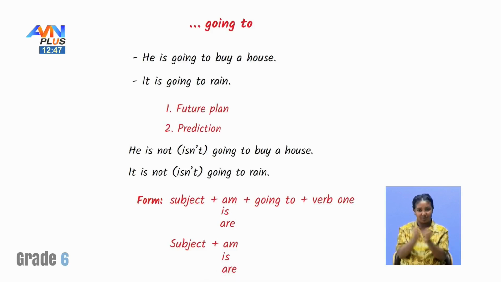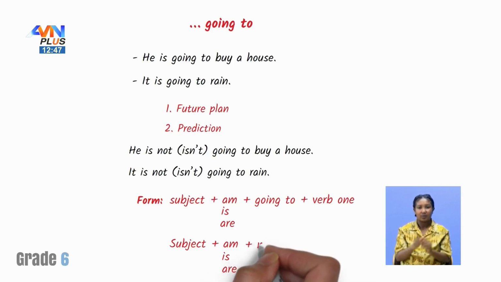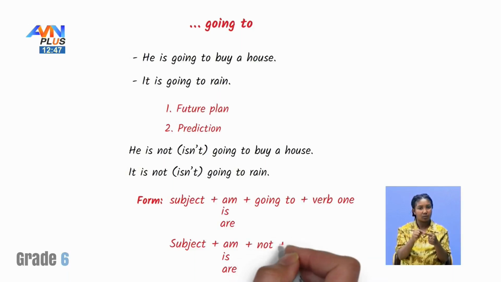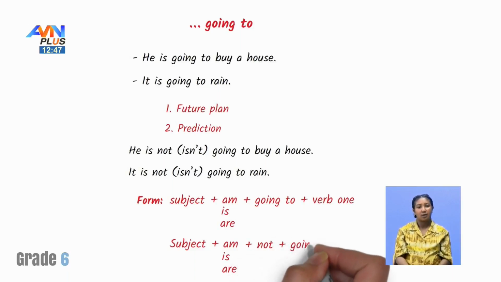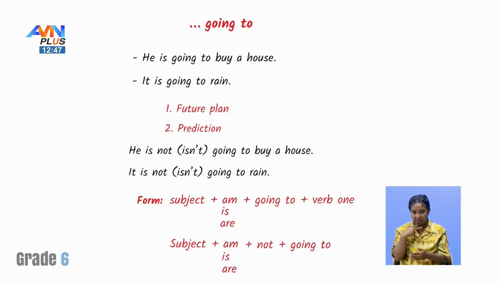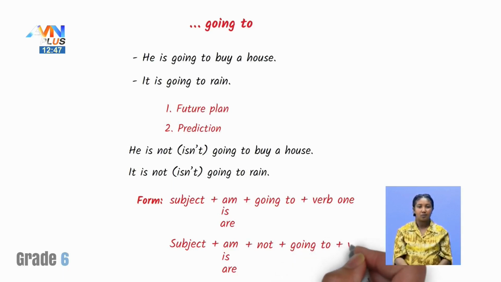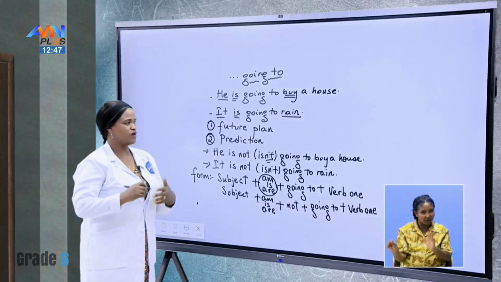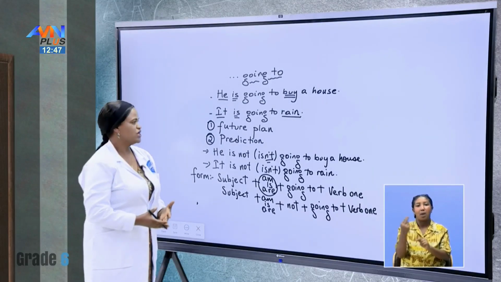Not. Then going to, then our verb is verb 1. This is how we make it negative and how we put our future plans using going to, and our predictions that are based on facts.